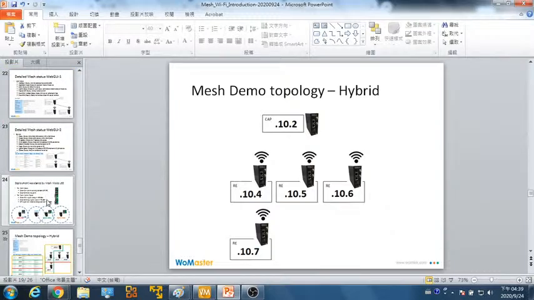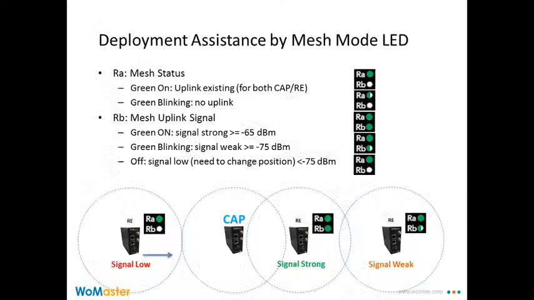Okay, we're back to the PowerPoint. We will introduce how to use the front panel LED to help you check the connection on this page. The RA LED shows you the mesh status.